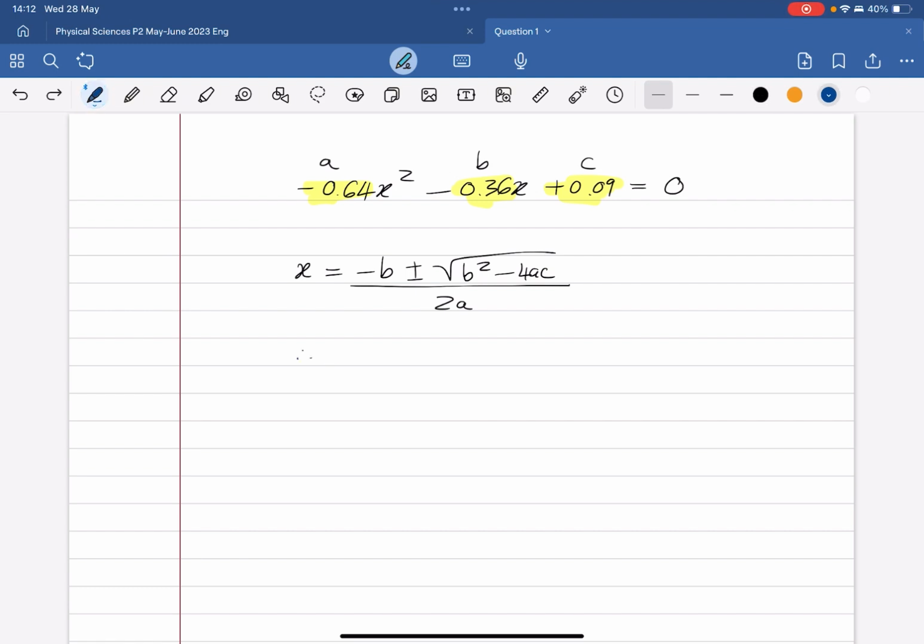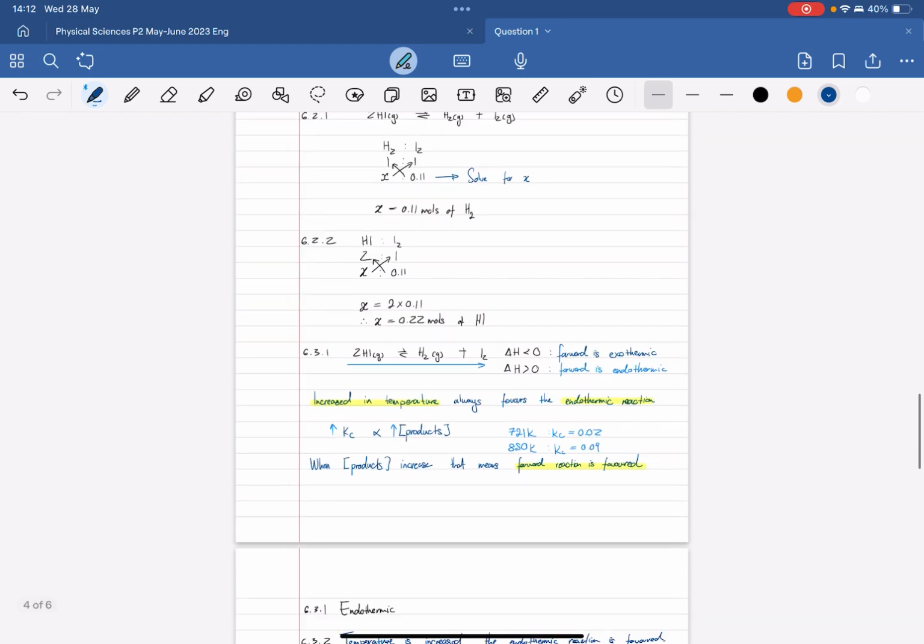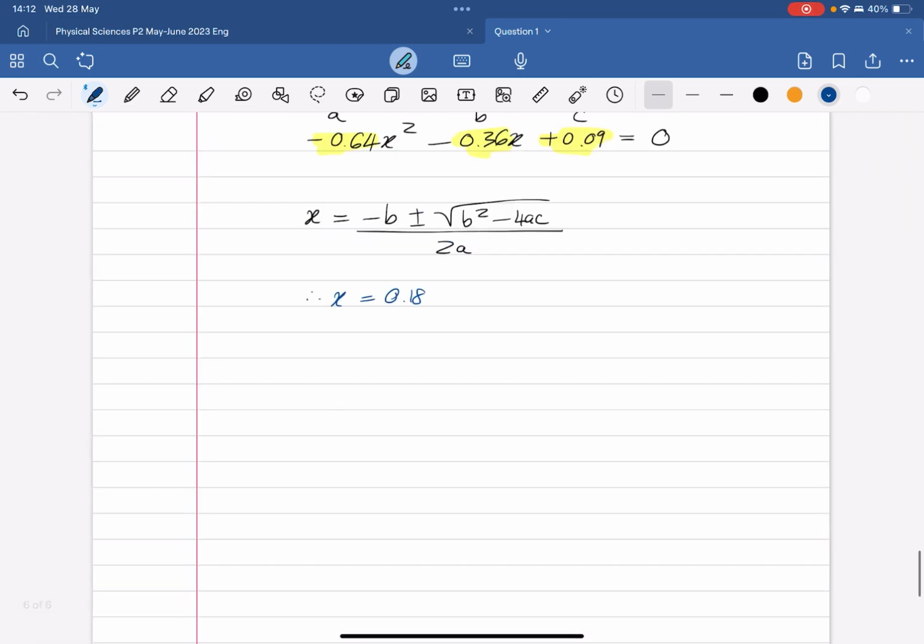The first answer you get is that x will be 0.1875. That's with the positive x. And the negative x will be negative 0.75. So now obviously x can't be negative because you can't have a negative number of moles.